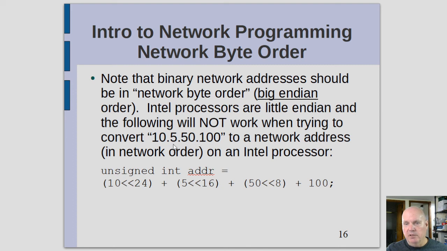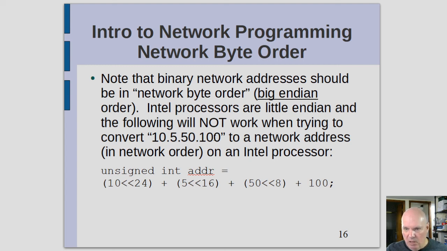Big endian processors store the most significant byte at the lowest memory address. So if you looked at this particular IP address in memory on a big endian processor, you would see the corresponding binary value of 10 in the first byte, the binary value of 5 in the second byte, the 50 in the third byte, and the 100 again in binary form in the fourth byte.